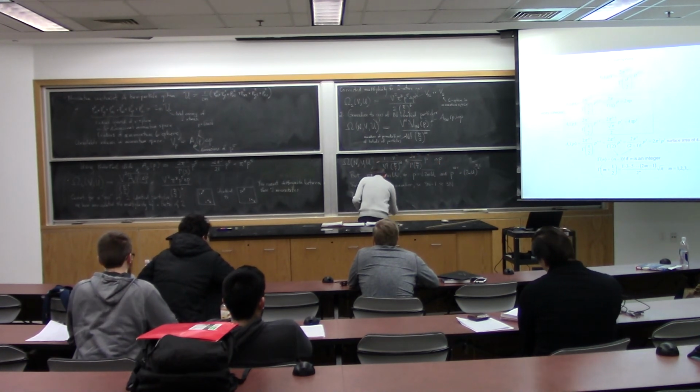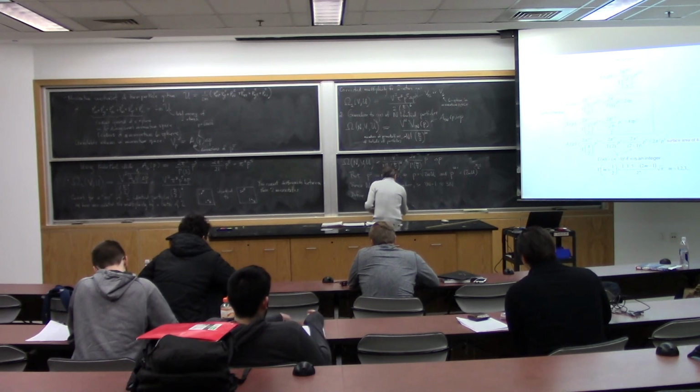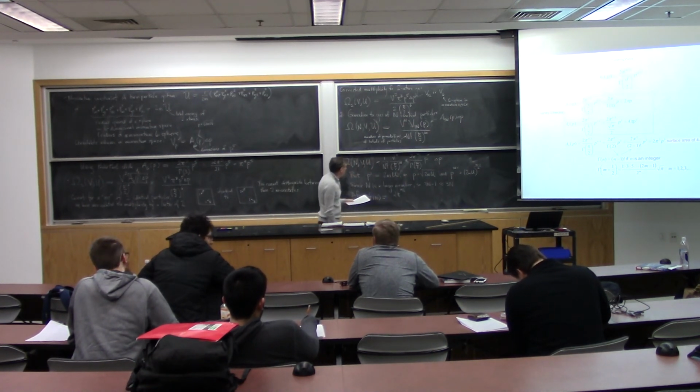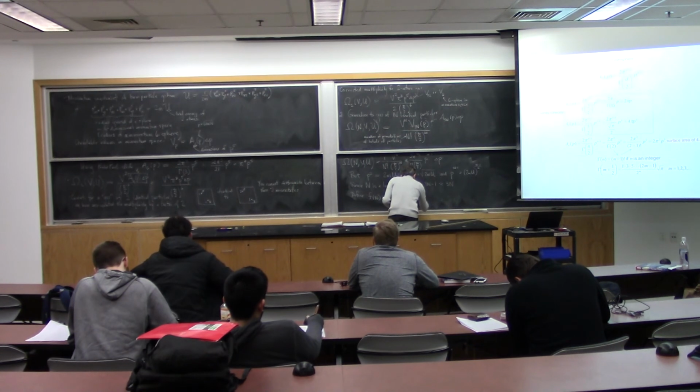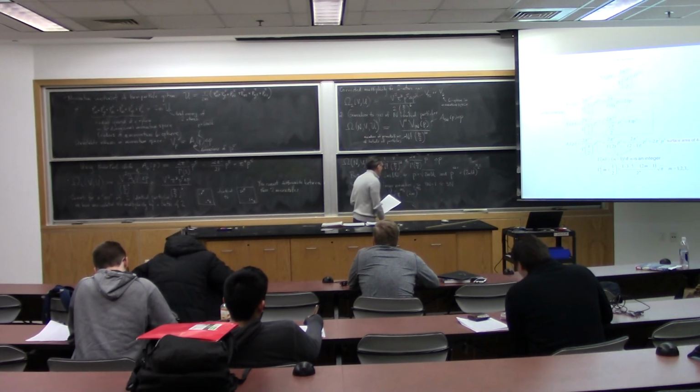So the f function, f of n, is defined to be 2 times pi to the 3n over 2 power times 2m to the quantity 3n over 2 power.